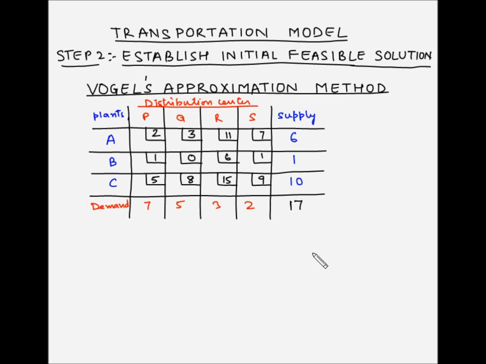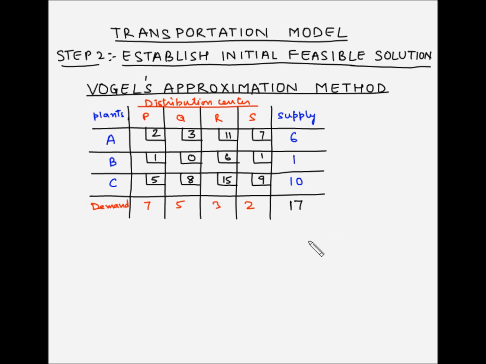Vogel's approximation method overcomes this deficiency by making allocation first to the cell with the highest opportunity cost or penalty cost. Now, what is meant by opportunity cost or penalty cost? Let us understand that using a simple example.